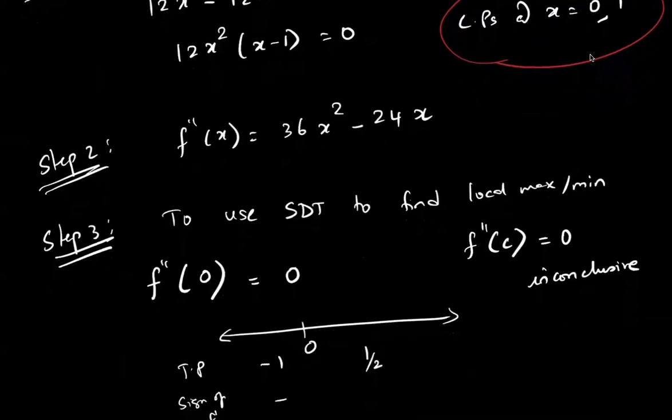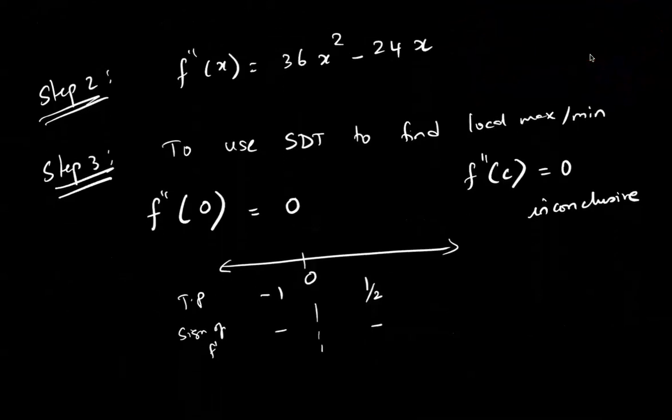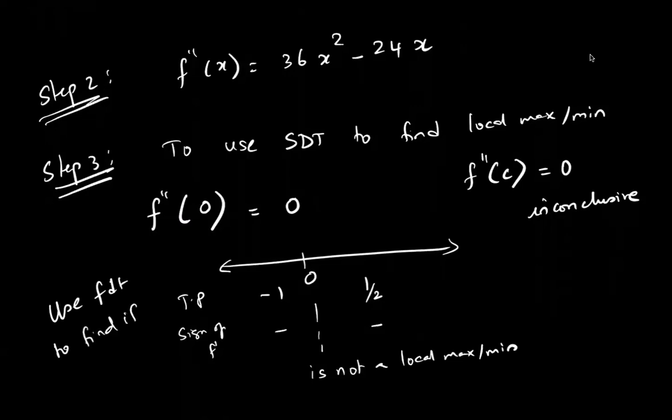And at 1/2 it is also negative, right? Which means 0 is not a local max or minimum. So I used only the first derivative test to find if x equals 0 is a local max or min, because the second derivative test was not possible to use.